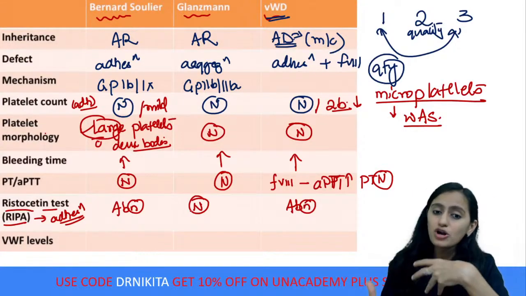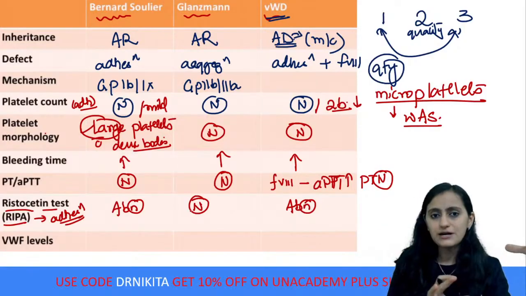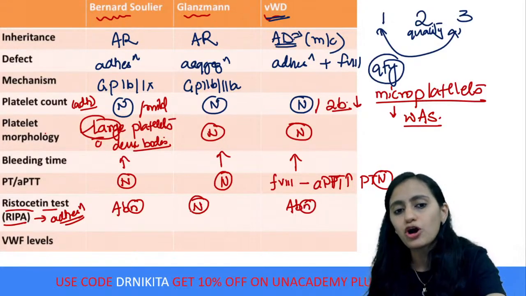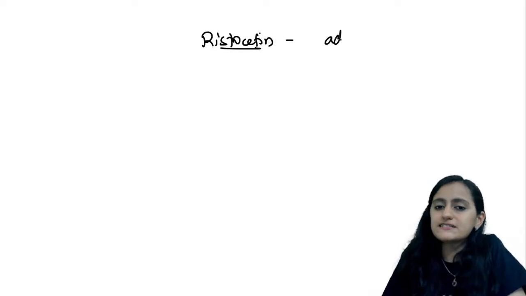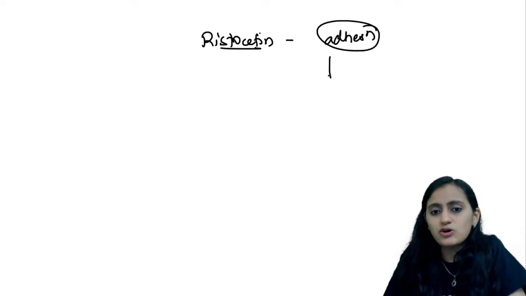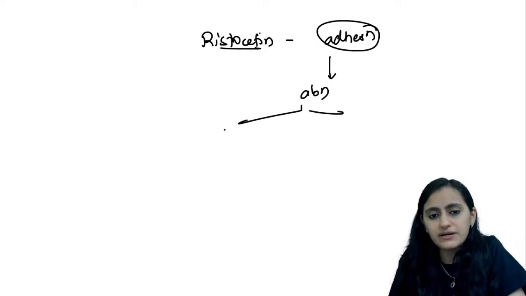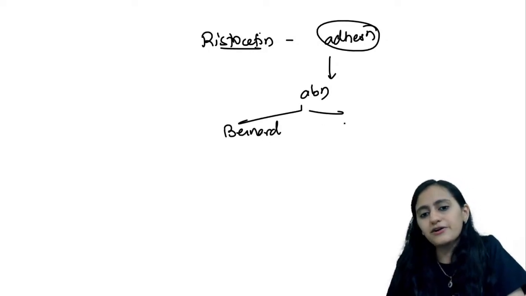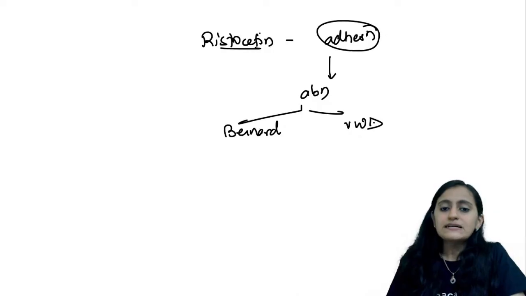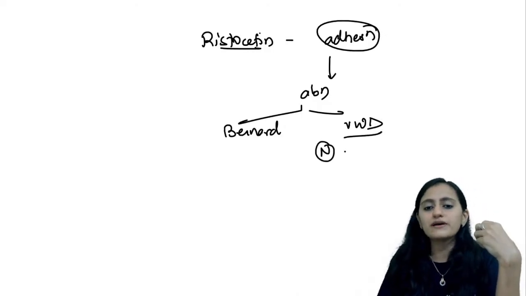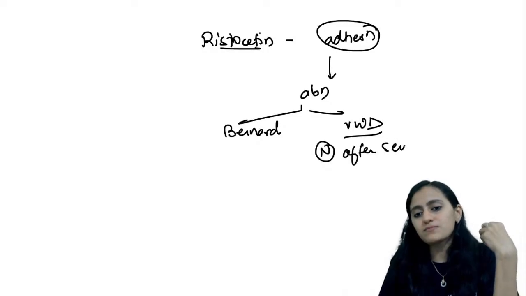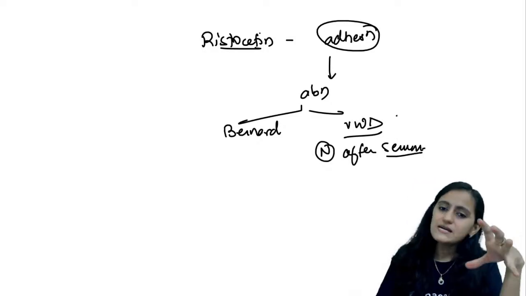Now which one normalizes after giving serum and which one does not normalize after giving serum? So now your ristocetin test, as we said, basically it's for platelet adhesion. So abnormal in your Bernard-Soulier and in your von Willebrand disease. After giving serum, it normalizes in your von Willebrand disease. So normal after giving serum. Why?